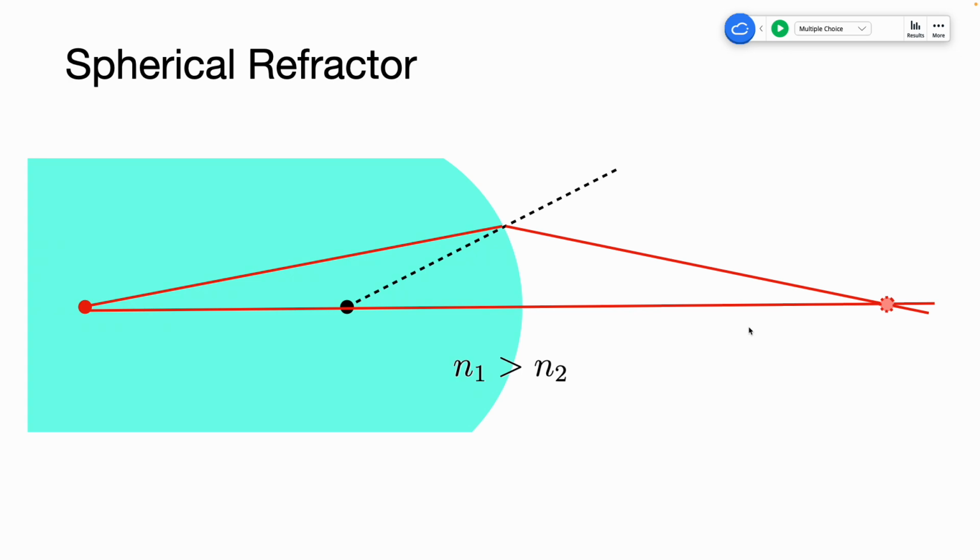Yeah. Should it be refracted up or down? So if you draw the dotted line, for the bottom ray, the dotted line has to be perpendicular to the surface.